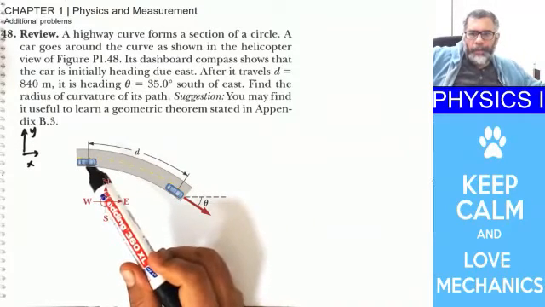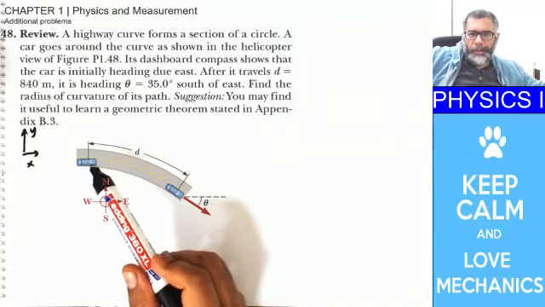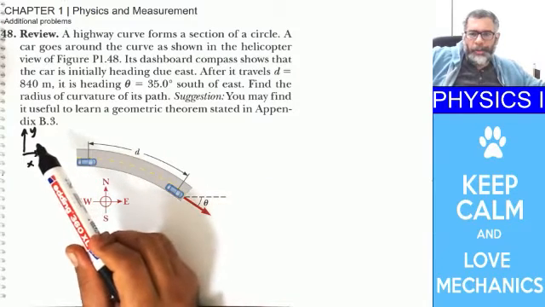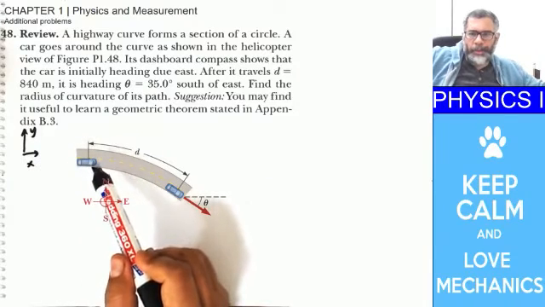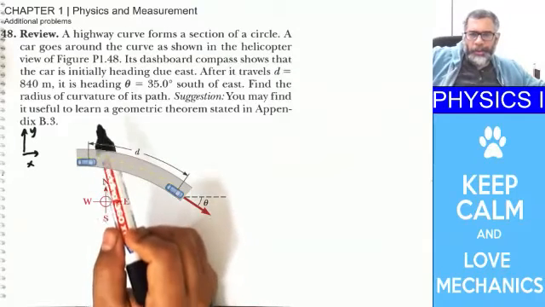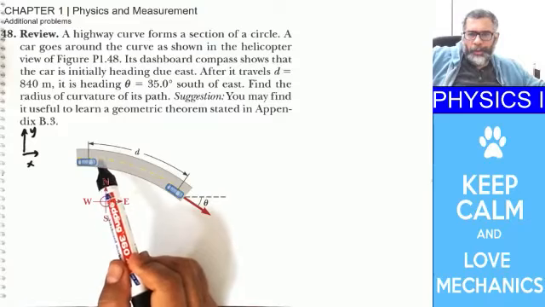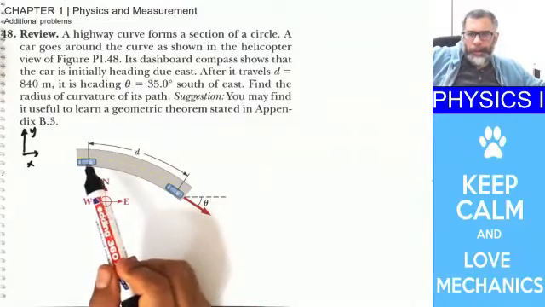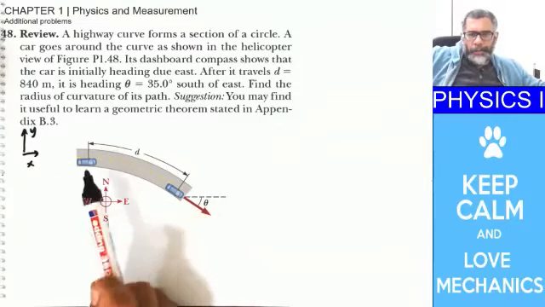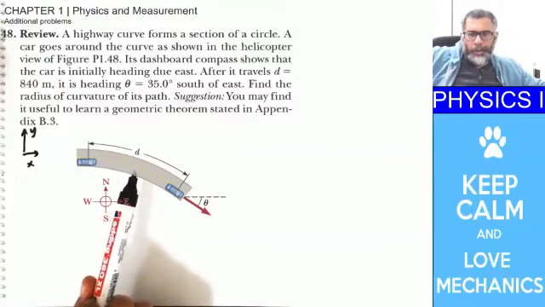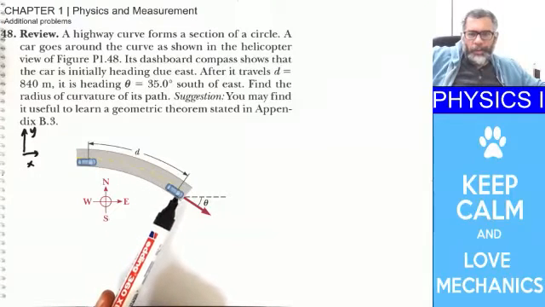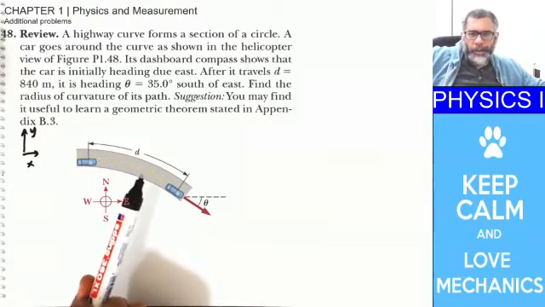At this top position, it's just on the y-axis, and this direction shows north. Right at this point, the car is going toward east. Of course, as it moves on, it turns downward because the track is circular.